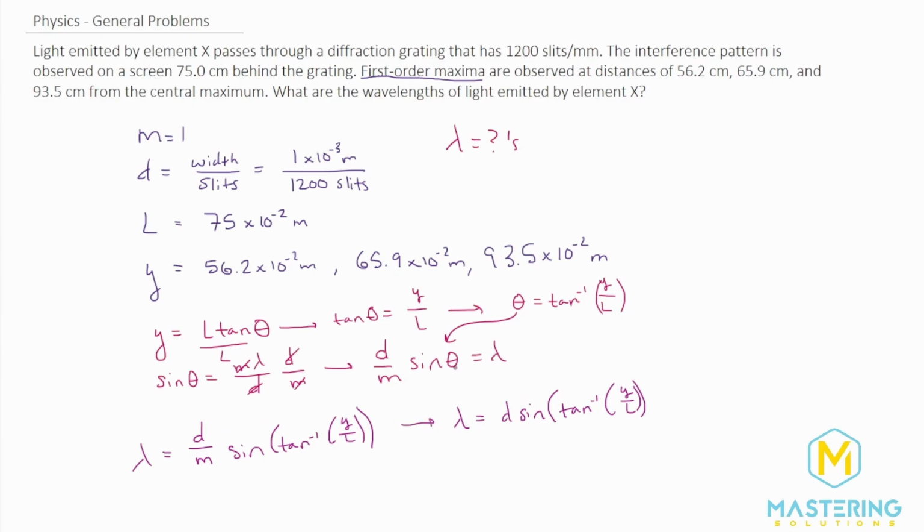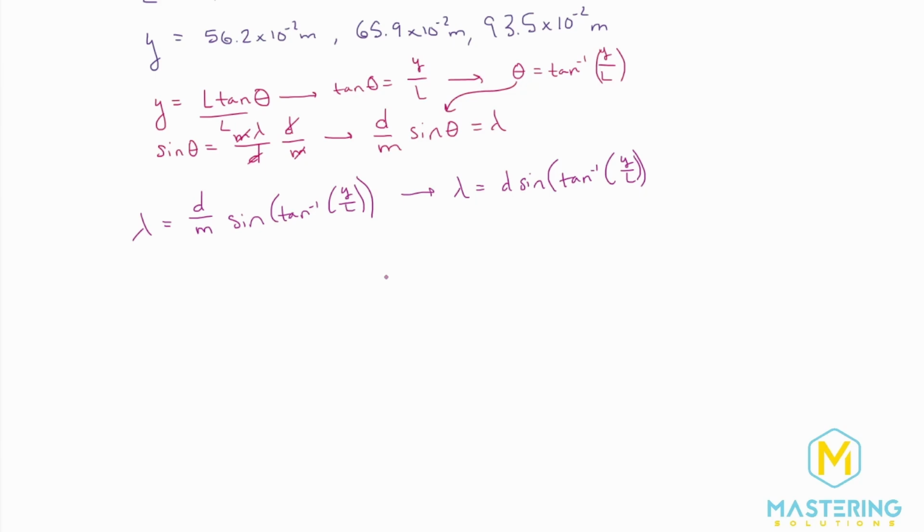So now let's give ourselves some more space. As we've done on a lot of problems, I'm going to plug the numbers into the equation, and then in the calculator I'm just going to replace the y for the three different ones, because that's the only thing that's changing. So we have lambda is equal to d, which we said was 1 times 10 to the negative 3 meters divided by 1200 slits.